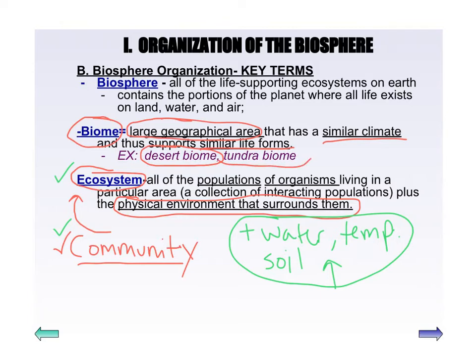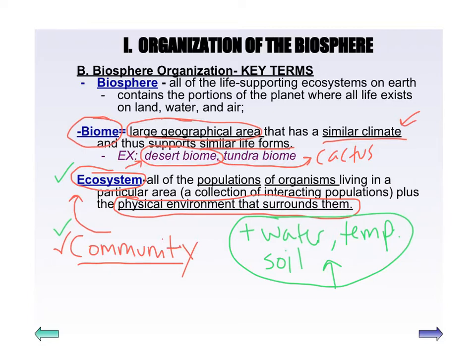So you're going to have things like cactus. You'll have things like rattlesnakes, jackrabbits, coyotes. So in a desert biome, you're probably not going to see a polar bear. You're probably not going to see a shark because those type of animals do not live in that specific biome of a desert.